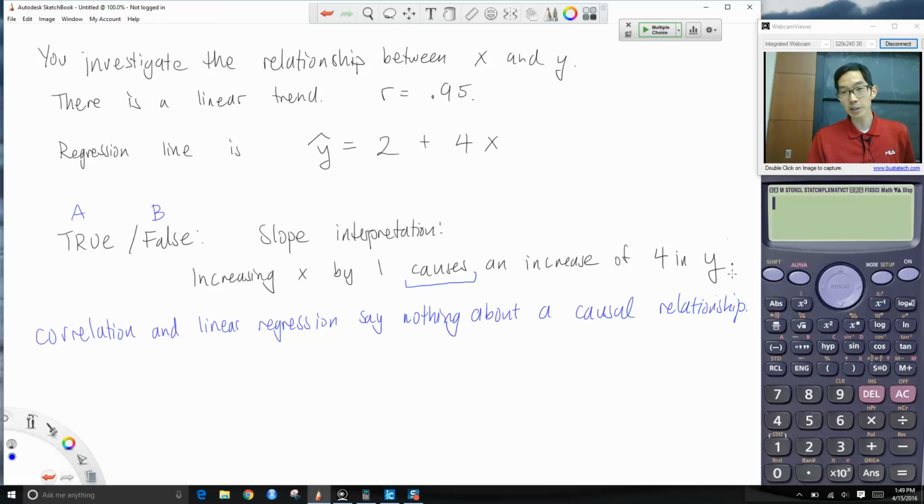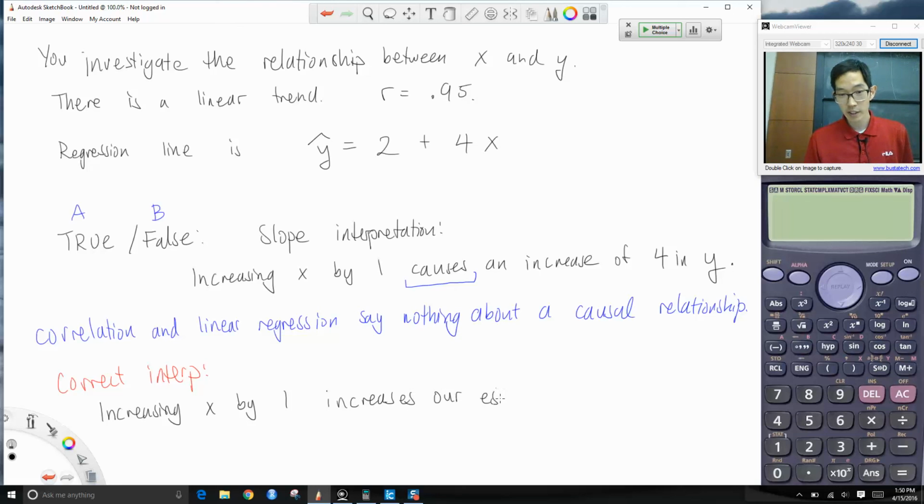And then the other key here is the correct interpretation would be: increasing x by 1 increases our estimate of y by 4.